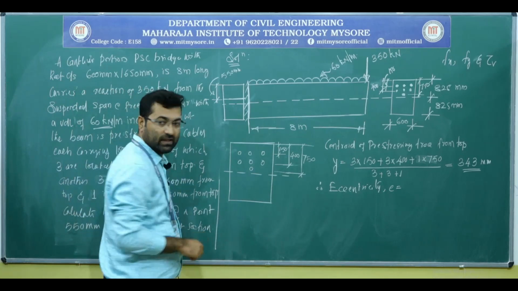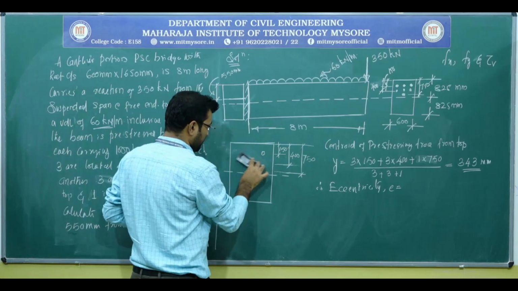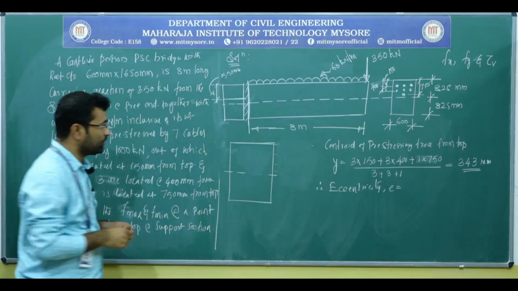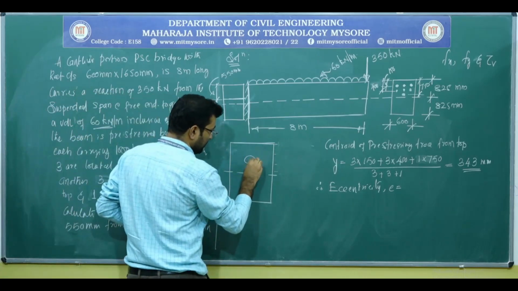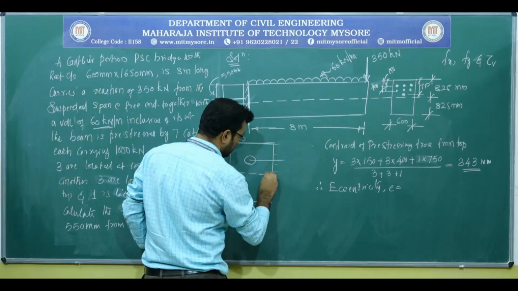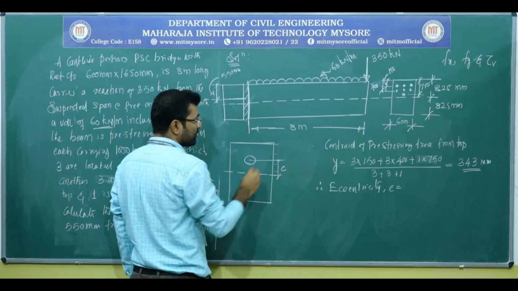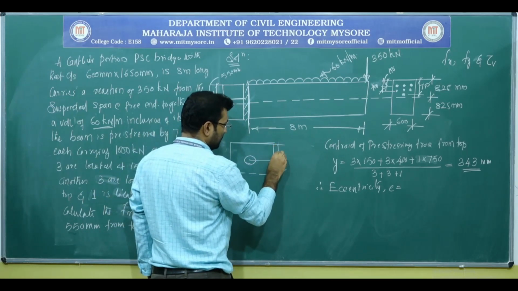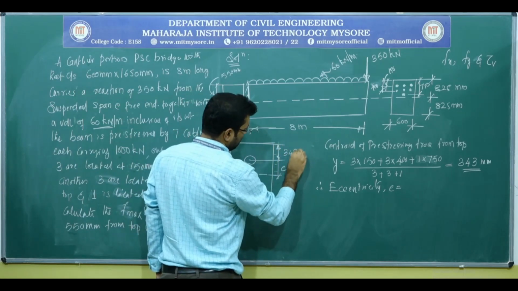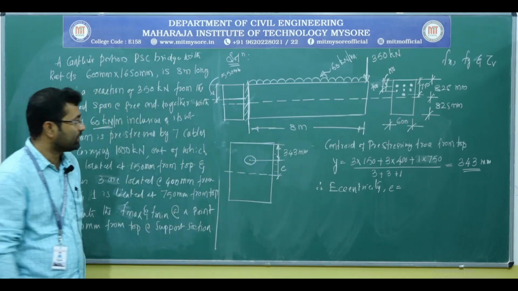Instead of showing these 7 dots, let me show only one point where I can say that the entire pre-stressing force is concentrated. Let us say that is E. As per our calculation, we know that from the top it is about 343 millimeter. So I need this distance, which is the eccentricity.